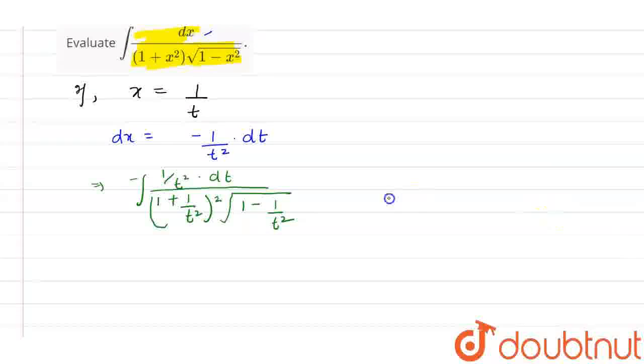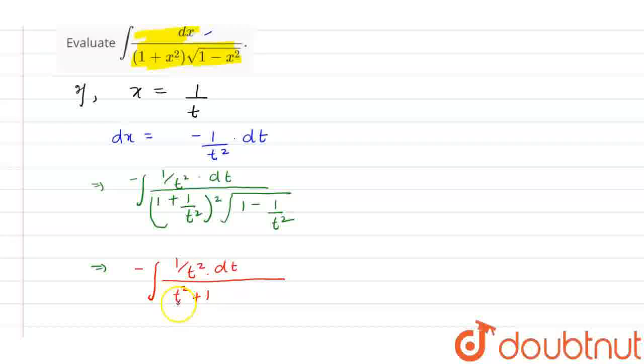Now by further solving it can be written as minus integration of 1 upon t square dt upon (t square plus 1 upon t square) root of (t square minus 1 upon t square).